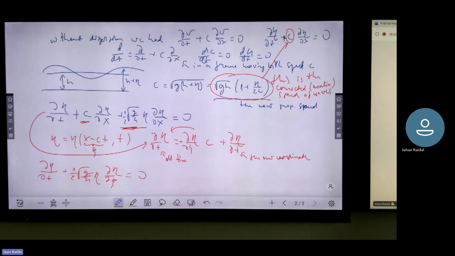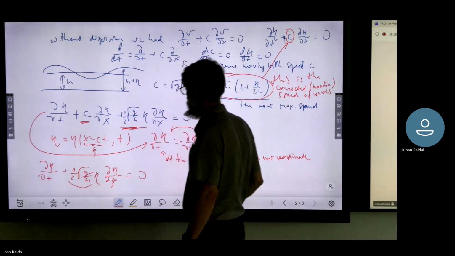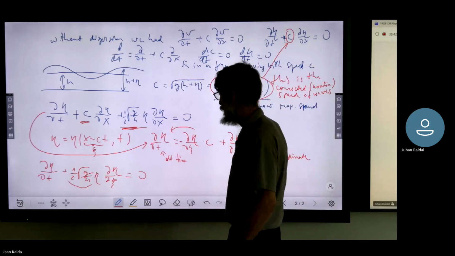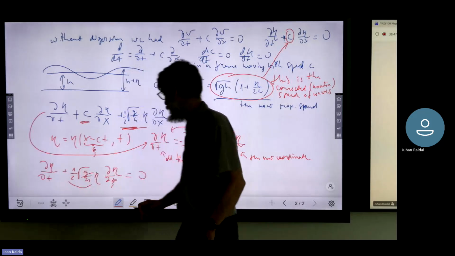If we normalize time, this coefficient goes away.